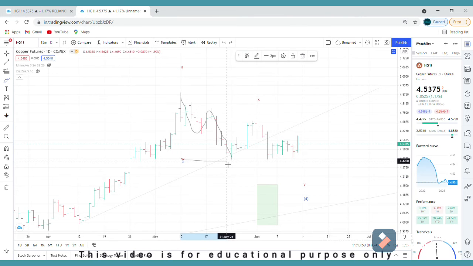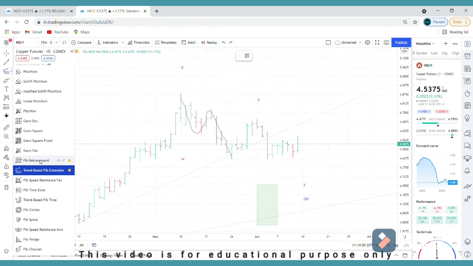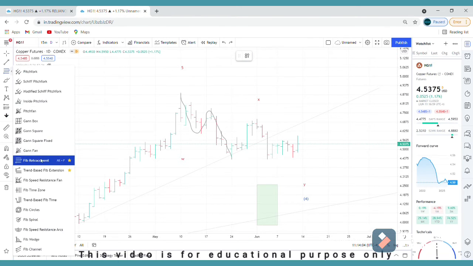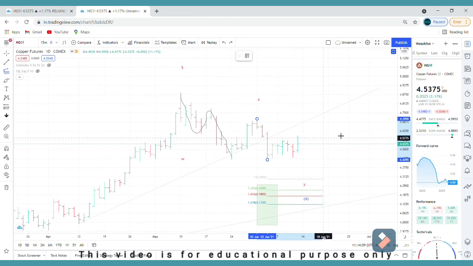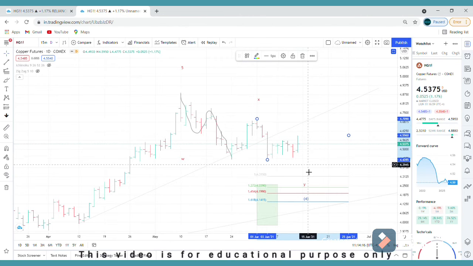So again let's see whether the move will come at this level. Let's say from here, actually this up move is still not completed, but if it gets capped at this level, then this corrective move also indicates that it should complete this correction at this level.